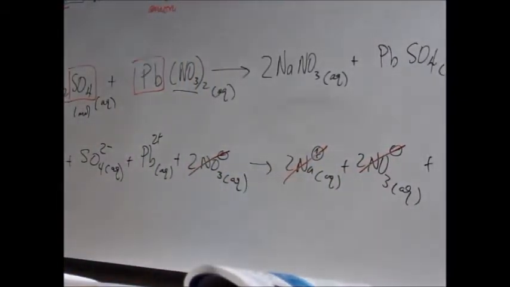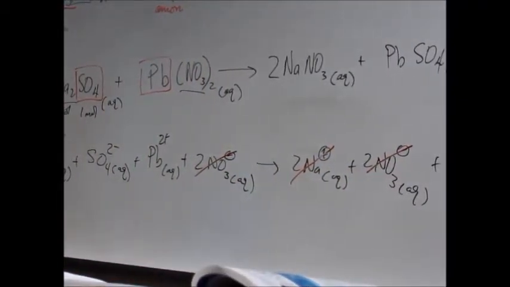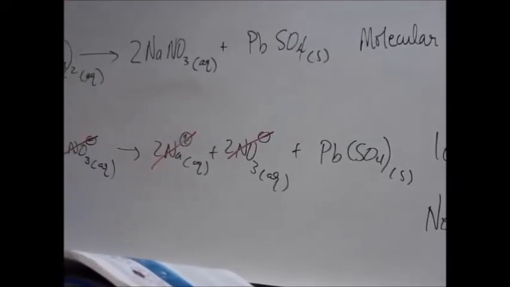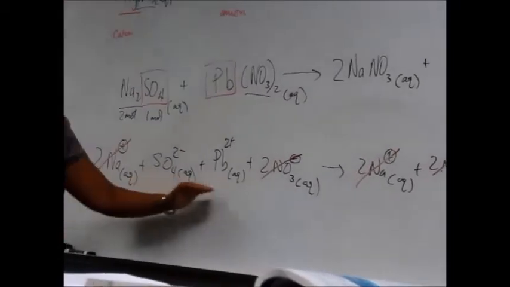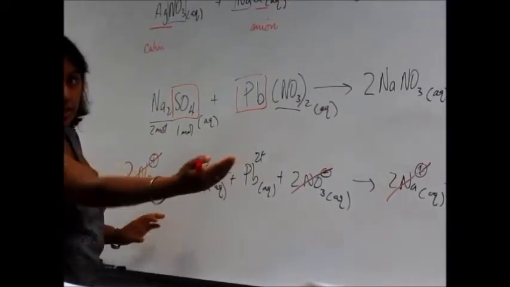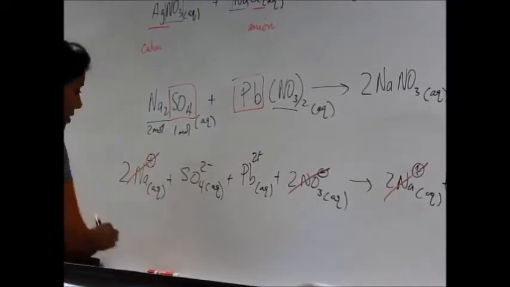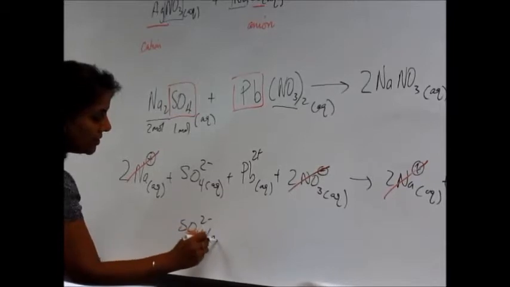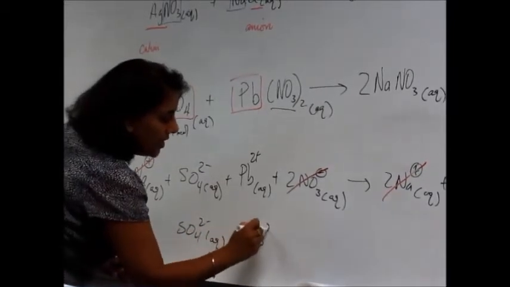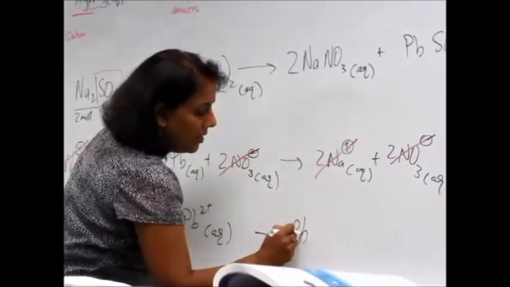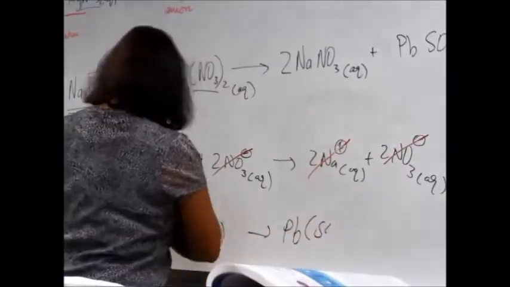And because my molecular equation was balanced, hopefully all my ions will be balanced too. Okay, then I don't have to worry too much about that. And then I have sulfate and lead left on the left hand side, which is aqueous, and we don't have those ions on the right hand side. So then my net ionic equation is SO4 2 minus aqueous plus lead 2 plus aqueous to give us lead sulfate.